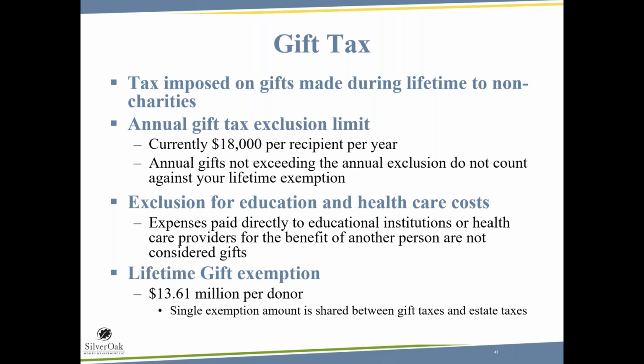And what happens? You don't pay a tax. We just reduce your exemption. And you notice that 13.61 million is the same amount as the estate exemption. That's because the gift tax and the estate tax is a unified tax.